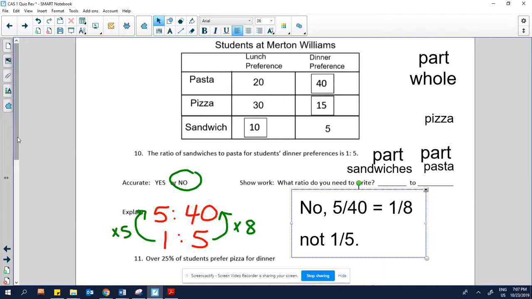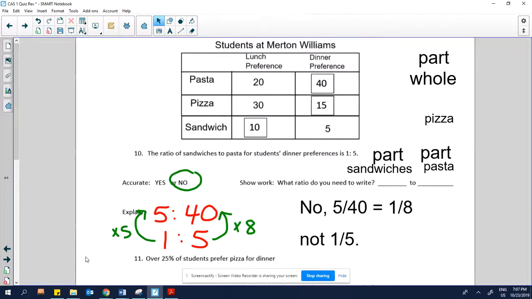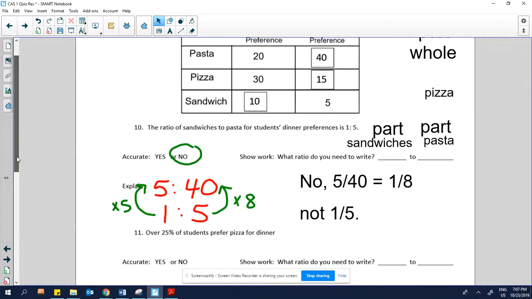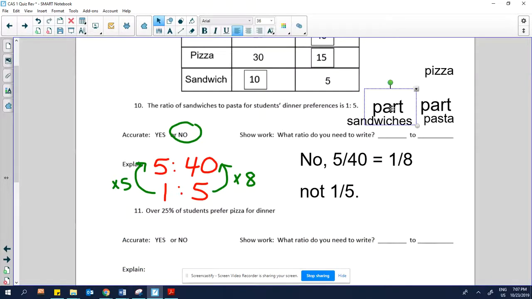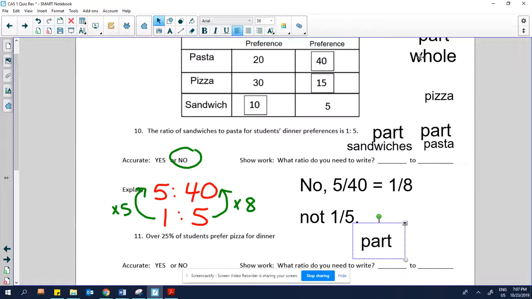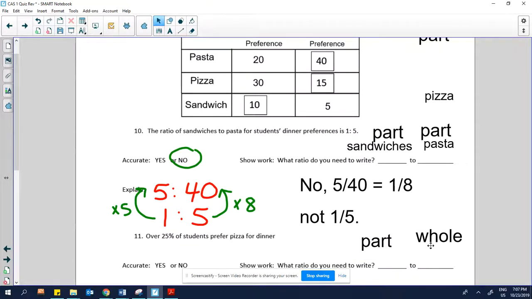Let's check 11. Over 25% of students prefer pizza for dinner. Part to part or part to whole? That is a part to whole because we're comparing it to all the students.